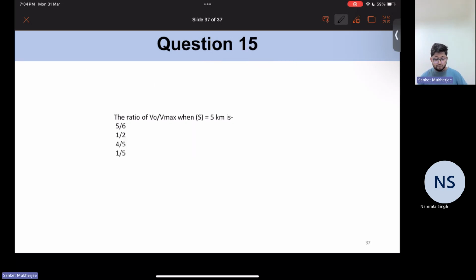The ratio V by Vmax when S is 5 Km. So we have to calculate this. V is equal to Vmax times S by Km plus S. We know this is the Michaelis-Menten equation. Now V by Vmax is the ratio that we need to find out, and the substrate concentration is given as 5 Km.